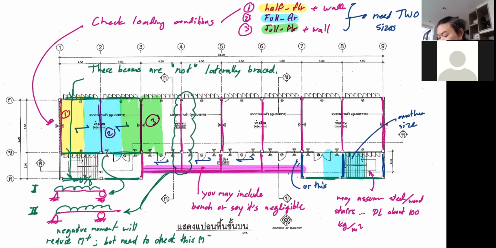But in the real world, if you want this, it means that this is continuous, because the moment here is equal and opposite in both directions. So when it comes down to construction, you must provide details so that your beam is going to behave like this.